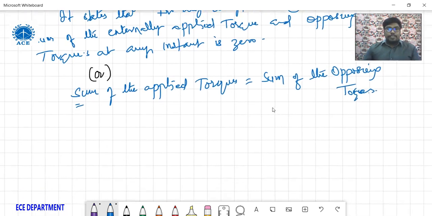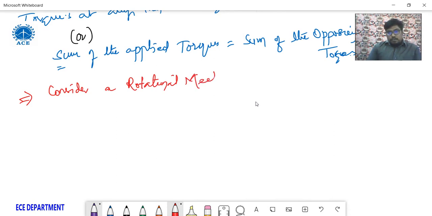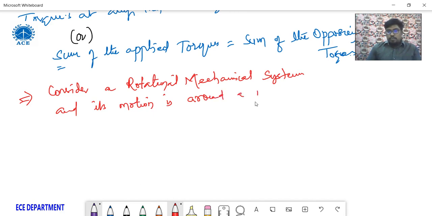Now we'll see a simple example. Consider a rotational mechanical system and its motion is around a fixed axis.